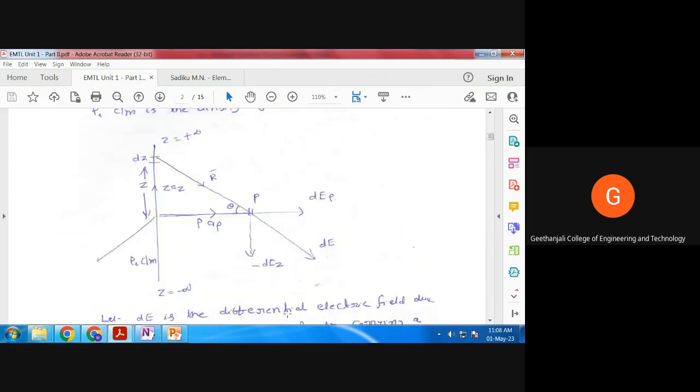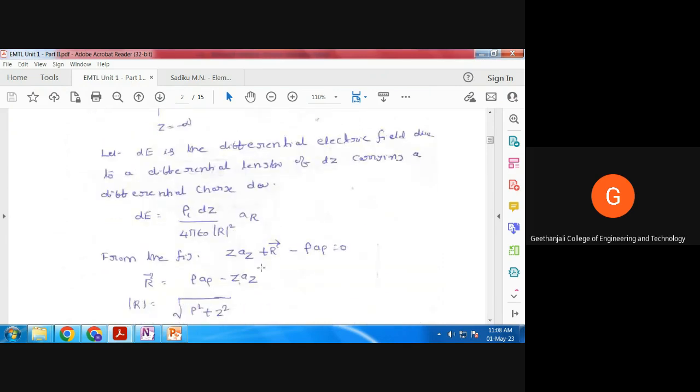For this, if you look at this triangle, z a_z plus vector R minus rho a_rho is equal to 0. So vector R is equal to rho a_rho minus z a_z.